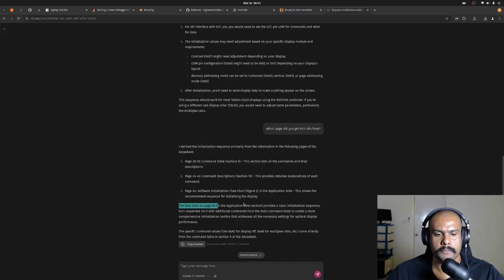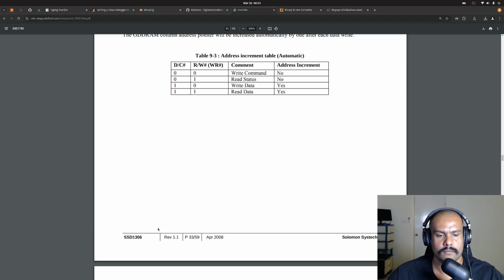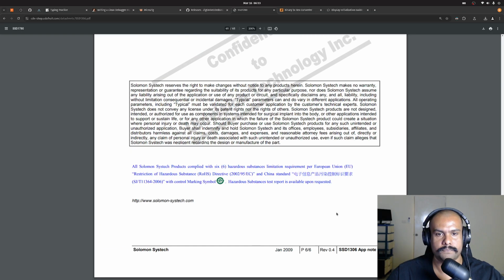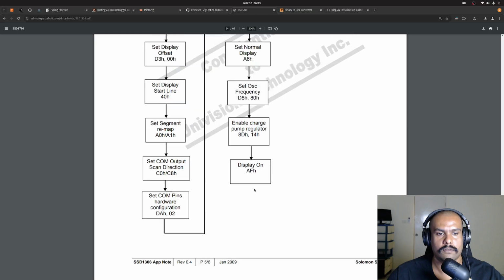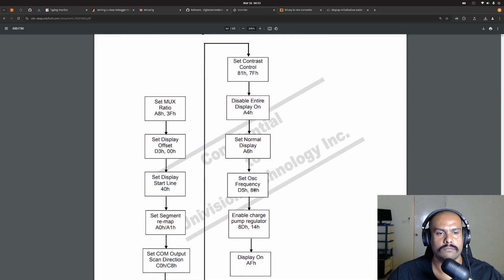Flowchart on page 64. Did I miss that? What page? Oh, there's only 59. Okay, the last page.